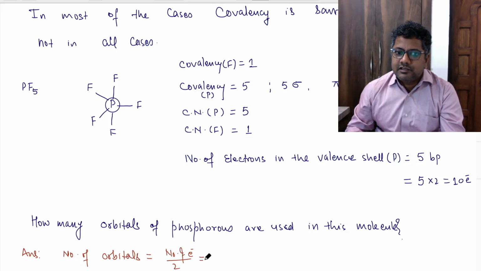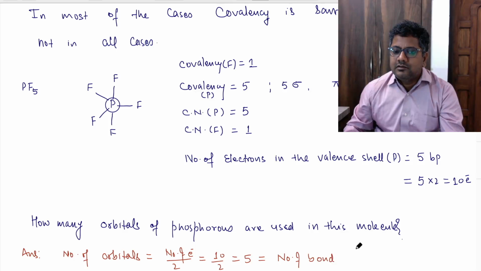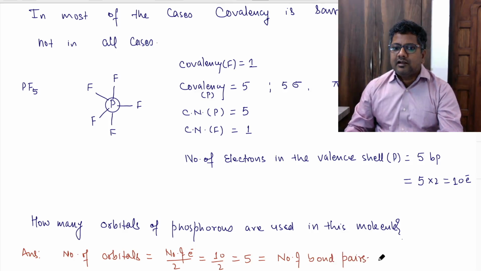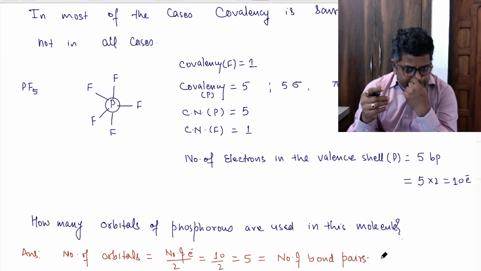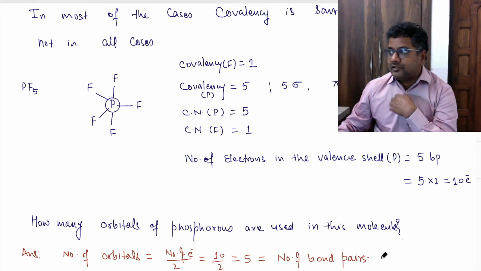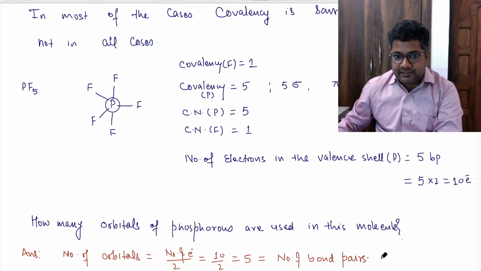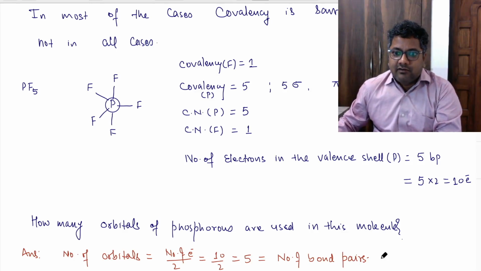So this is equal to 10 by 2, which is 5, and you can also write the number of bond pairs. Number of bond pairs is equal to the number of orbitals, always. This is always true. So here 5 orbitals of this phosphorus are involved.